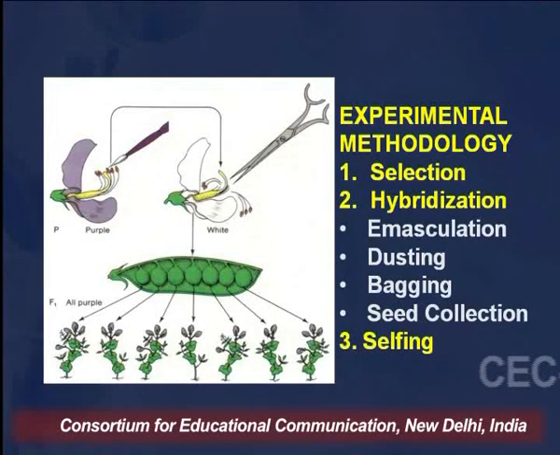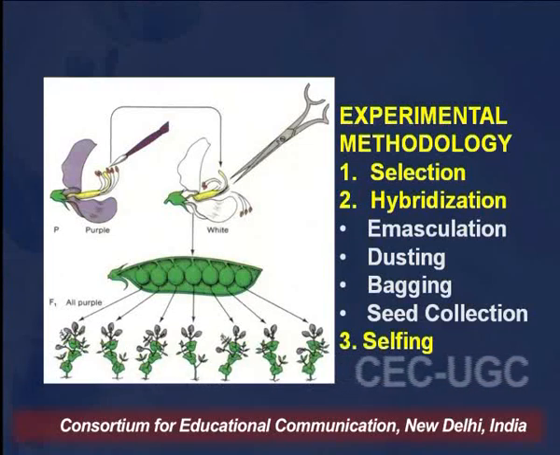So, the experimental methodology that Mendel employed was, first, he selected the plants of his choice with the desired characters, and then he performed hybridization. As I just said, hybridization included opening one of the flowers and surgically removing the stamens with the help of a razor.